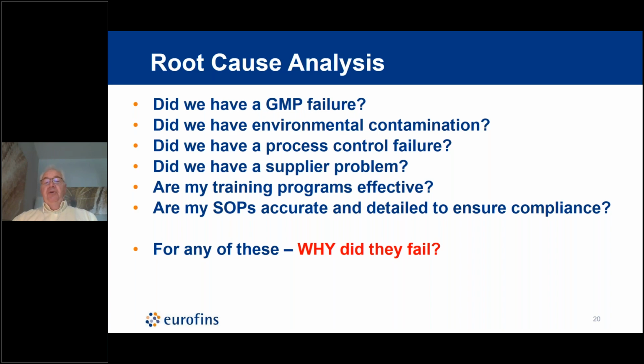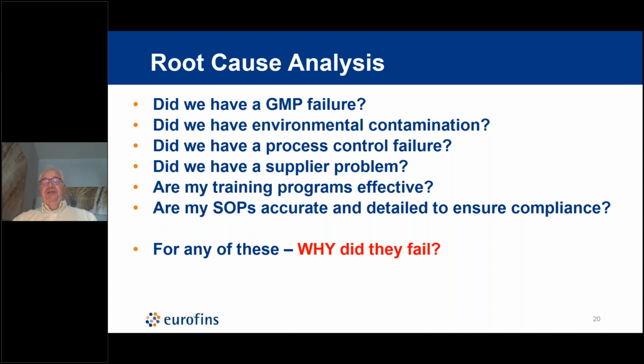All right, so in your root cause analysis, the first questions you need to ask are, did we have a GMP failure? Yes or no? If yes, what were those failures and what contributed to those failures, and what can you do to prevent those from occurring going forward? Did we have an environmental contamination?